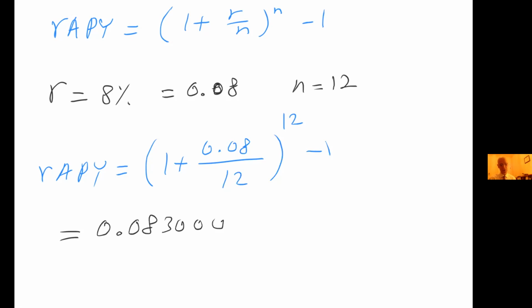Since I want to turn this to a percentage, I'm going to multiply this by 100, and I'm going to say about 8.3%. So the annual percentage yield was 8.3%. And it does make sense that it is higher than the 8% that was offered to you, because you keep earning interest on interest.